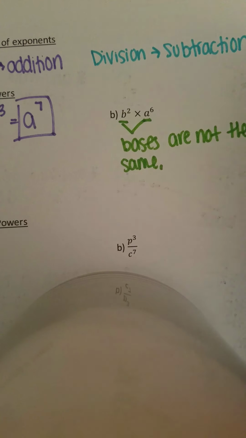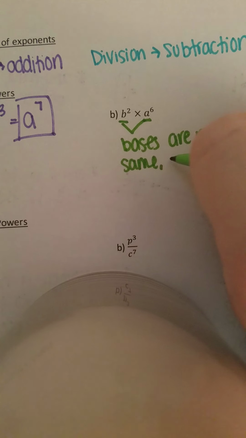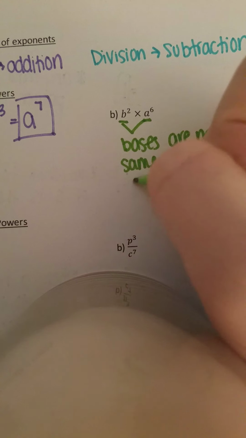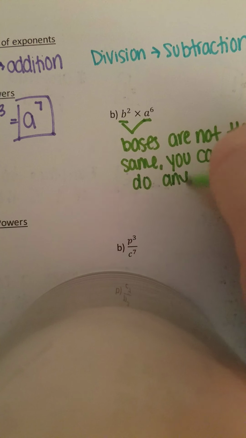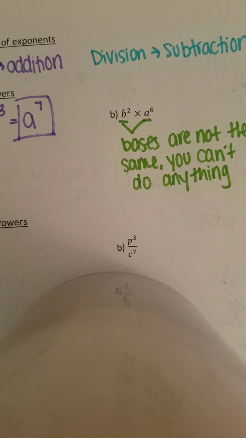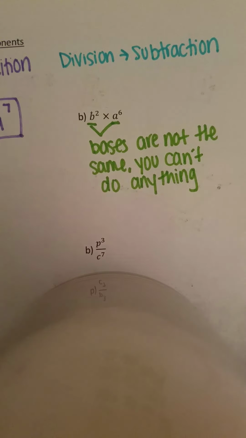And since the bases are not the same, the A and the B are different, you can't do anything. So whenever you have bases that are not the same, whether they're letters or numbers, you can't do anything. You just let it go. Nothing to do. Move on.